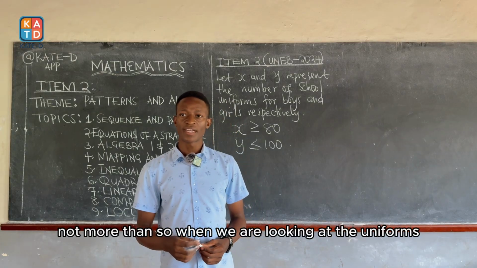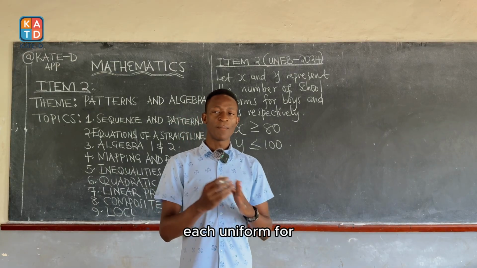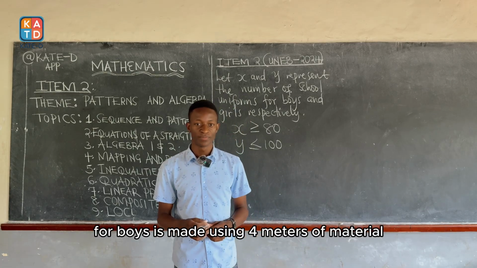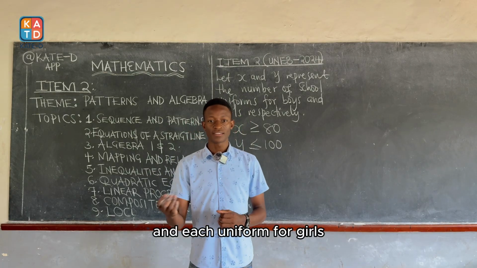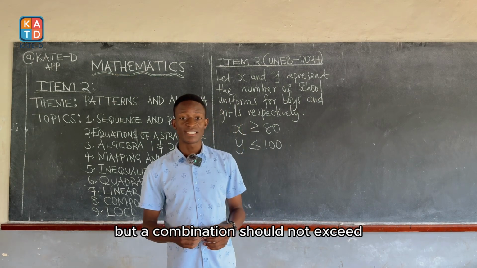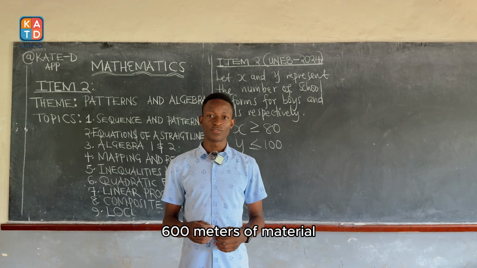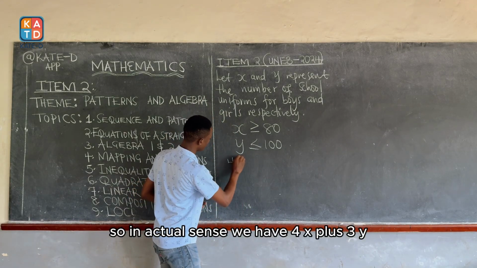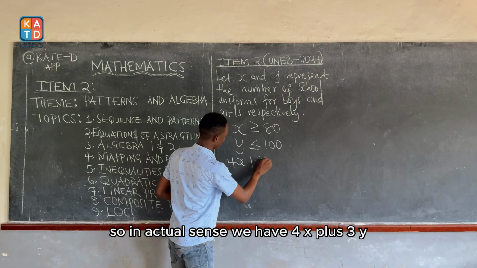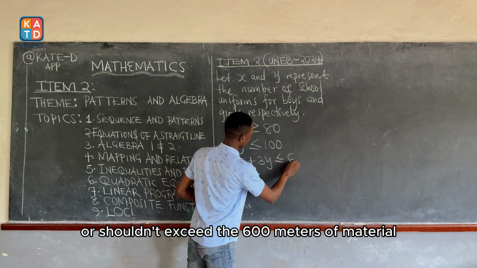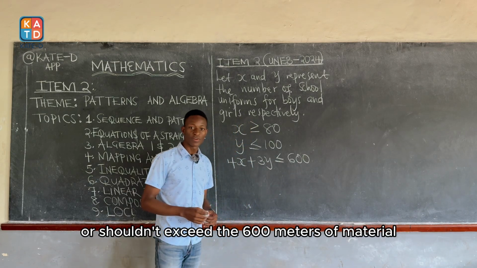When we are looking at the uniforms, each uniform for boys is made using 4 meters of material, and each uniform for girls is made using 3 meters of material. But a combination should not exceed 600 meters of material. So in actual sense, we have 4x plus 3y shouldn't exceed the 600 meters of material.